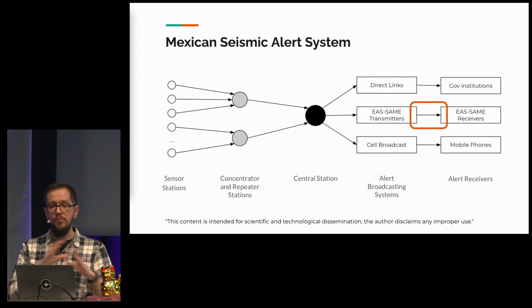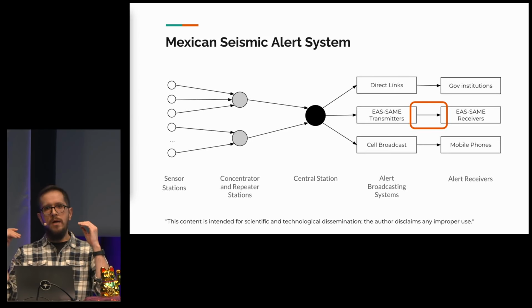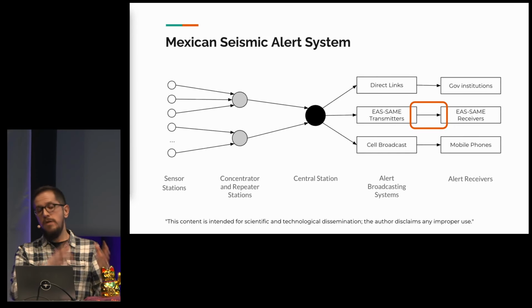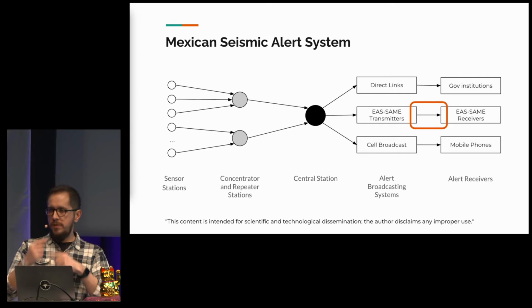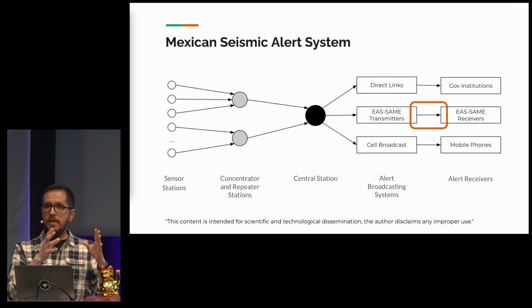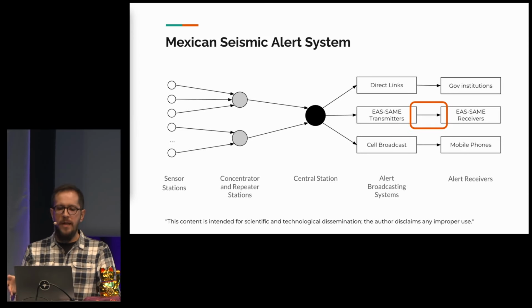This central station is super important. They run some algorithms that take the information from the sensors and process it very fast. They have to do it very fast. You have seconds. And if the activity is strong enough, they send an alert.